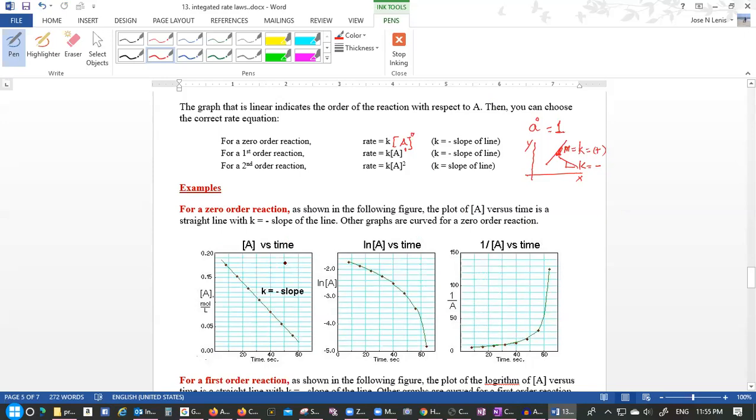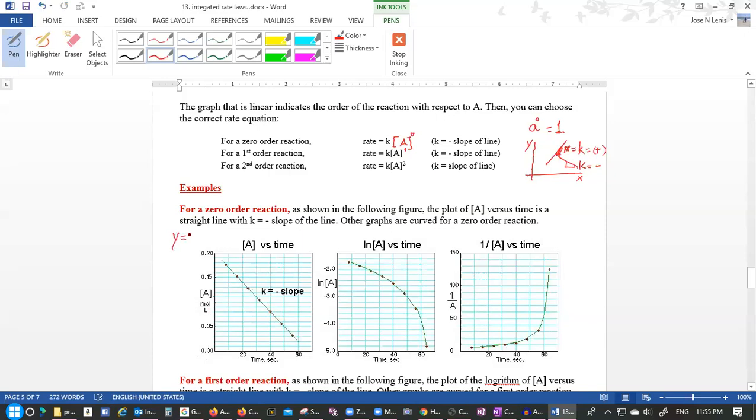We found it at the first try. So this is the graph that is going to describe the zero order reaction. And when you have a graph of concentration of A against time, and you get a straight line with negative slope, you say that's zero order right away.